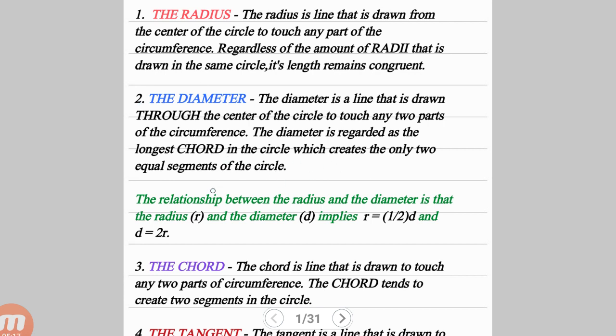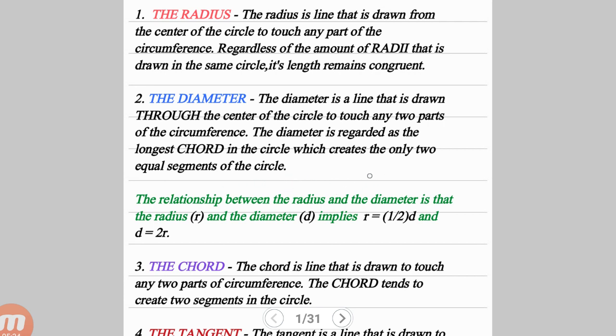Now, there is a relationship between the diameter and the radius. This is not necessarily for students who want to study the history of math, since this research was done a long time ago, so I'm just giving you what is necessary to know related to circles.